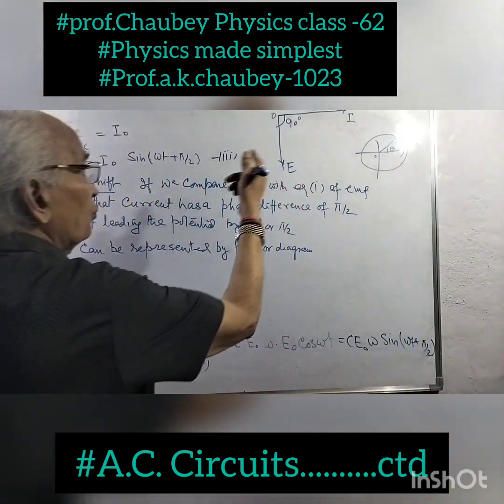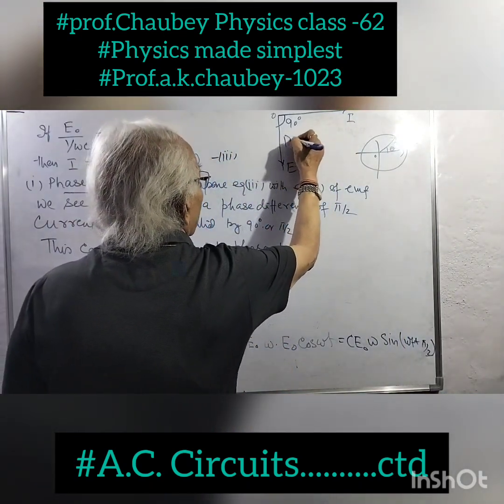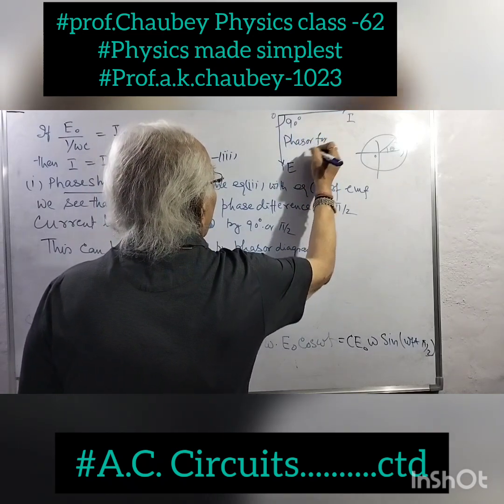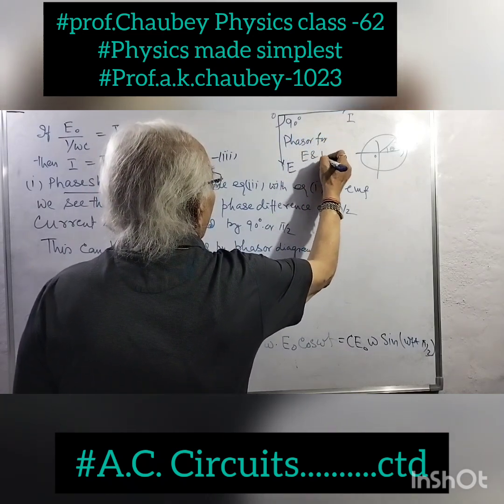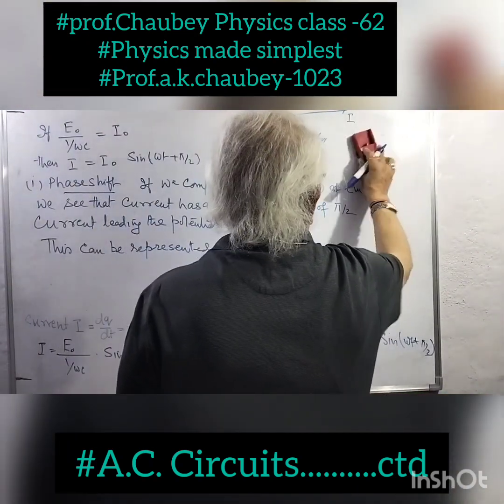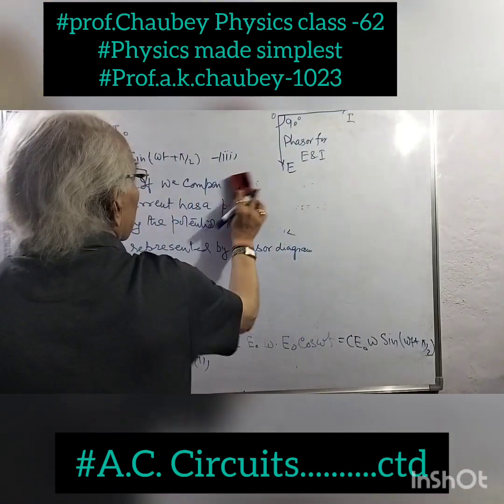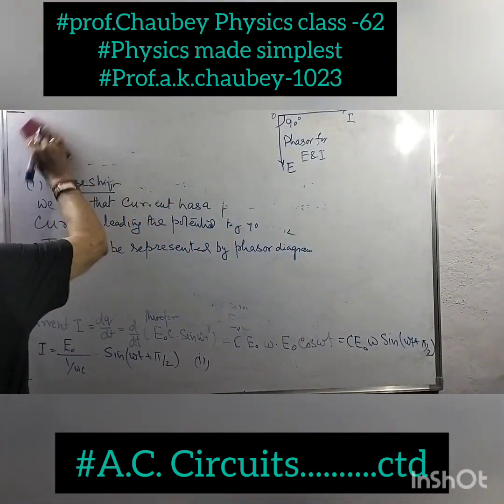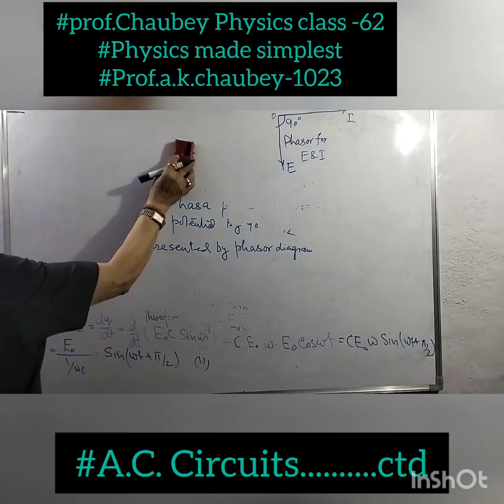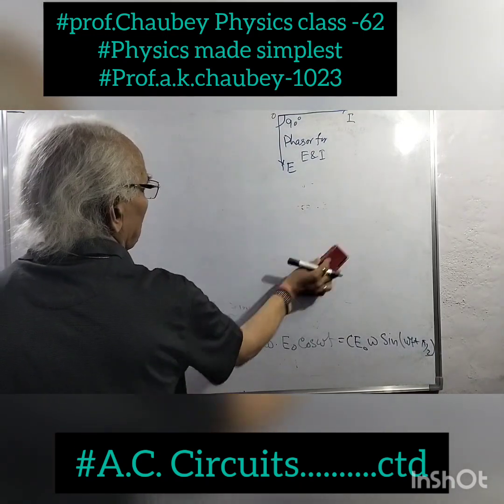So that is the phasor diagram for E and I. How we can represent the E and I in terms of phase. So this gives us that phasor diagram, that current leads the potential by 90 degree.